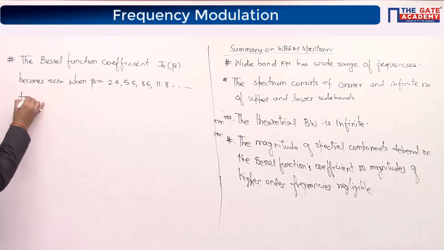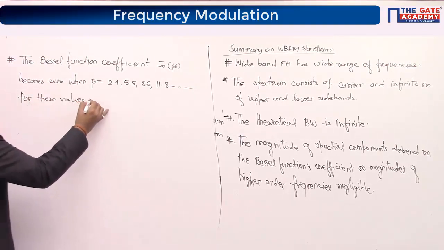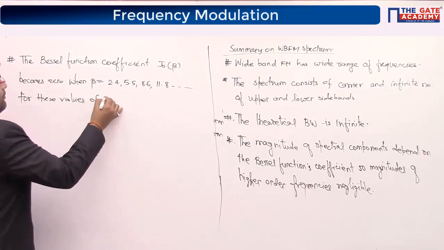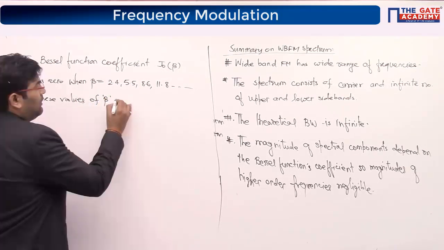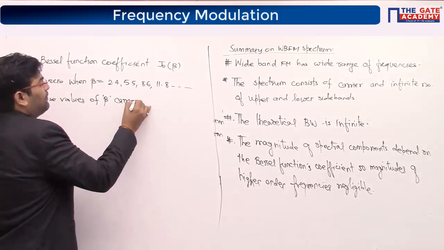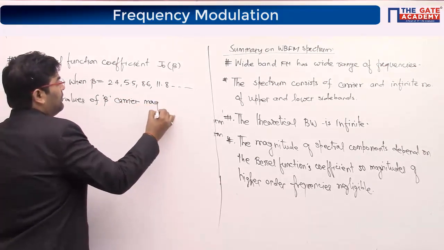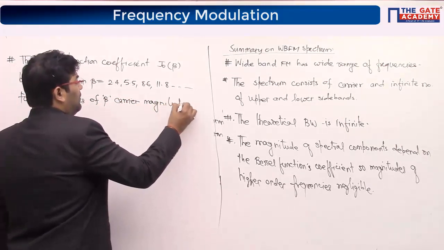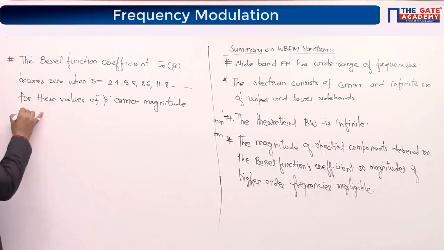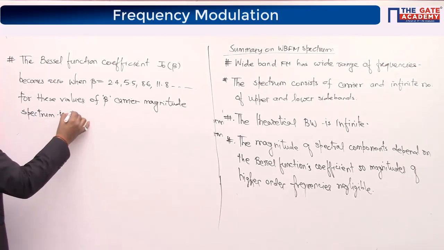For these values of beta, carrier magnitude spectrum is 0.